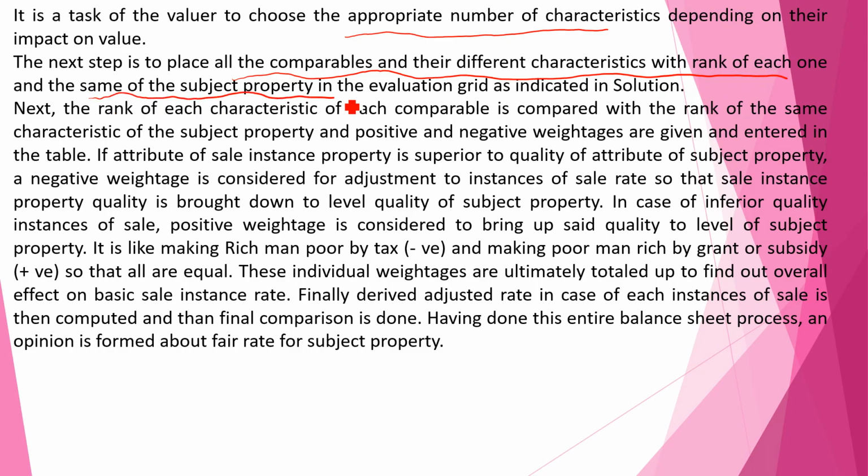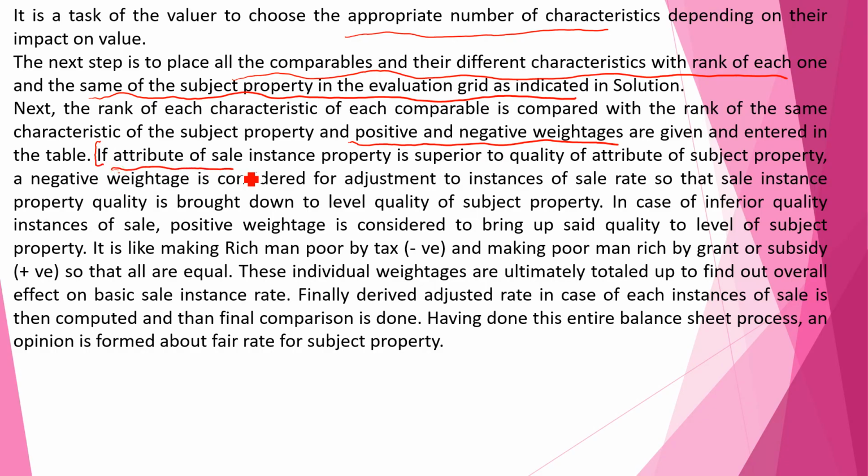same subject property in the evaluation grid, as we have discussed in the solution. So basically what we will do, we will give positive or negative weightage. It will depend upon this, which is the most important thing.